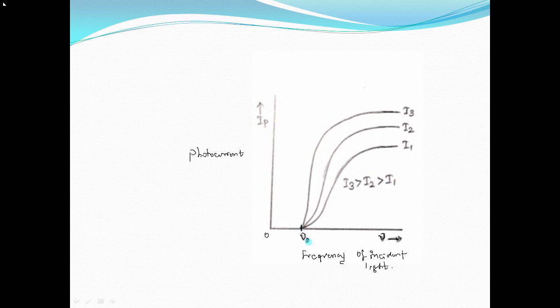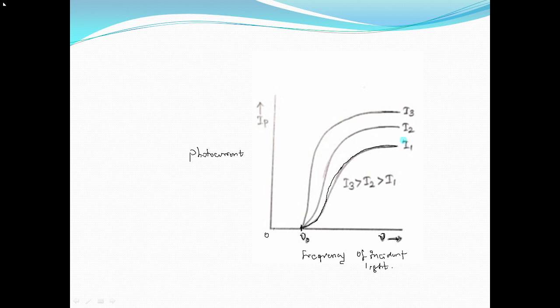Sufficient frequency is represented by nu naught, the threshold frequency. But after the threshold frequency, as the frequency increases, photocurrent also increases.